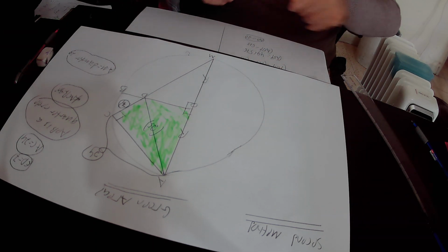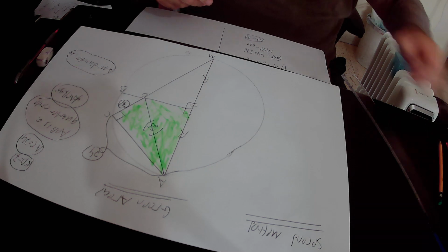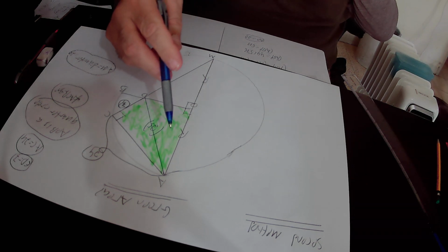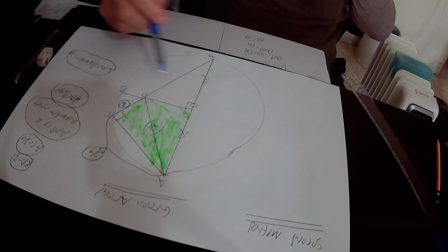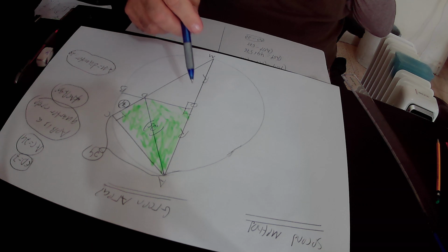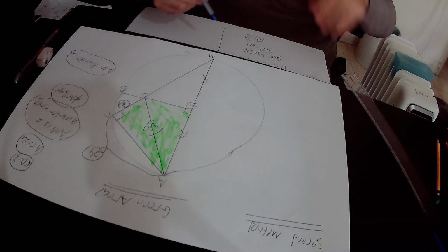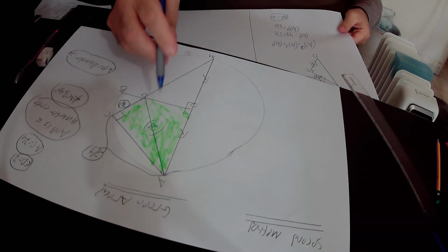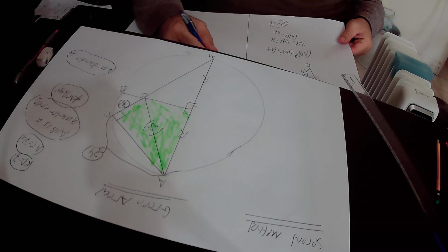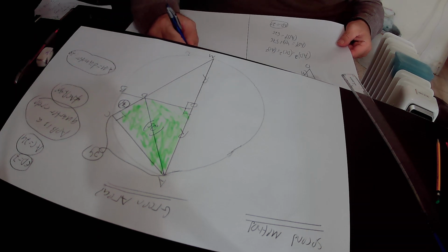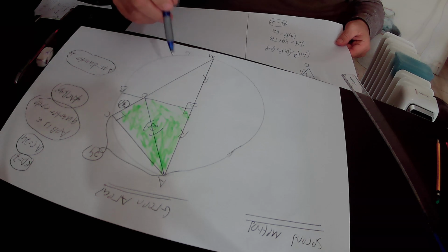In the next step, we will prove that the right triangle ADO is congruent to the right triangle ODM. Repeat again, the right triangle ADO is congruent to the right triangle ODM.